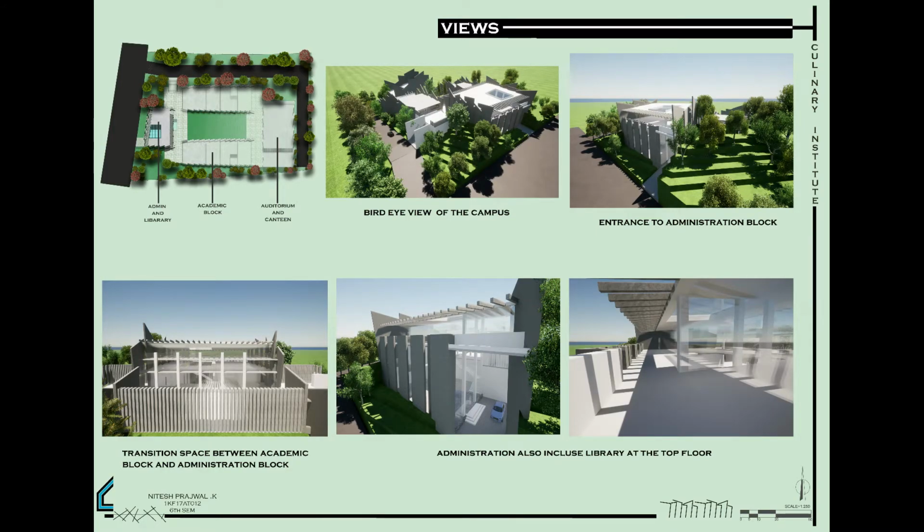While coming to the 3D model views, the first picture is a bird view of the campus and the entrance to the administration block, and there is a library open.